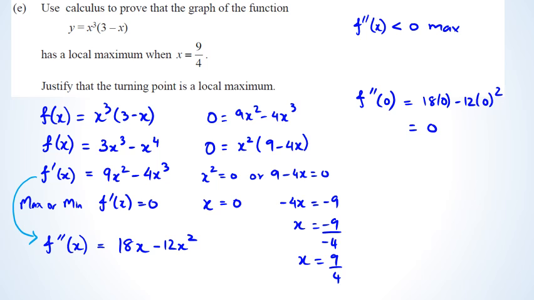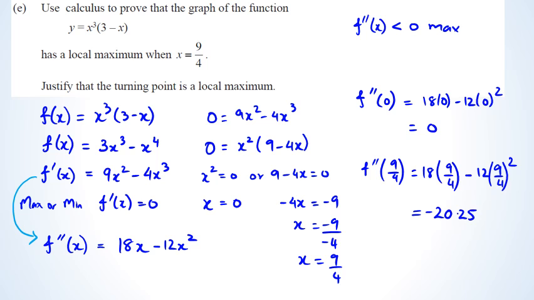So I'm going to try f double dash of 9/4, which is 18 times 9/4 minus 12 times 9/4 squared, which gives me an answer of negative 20.25.